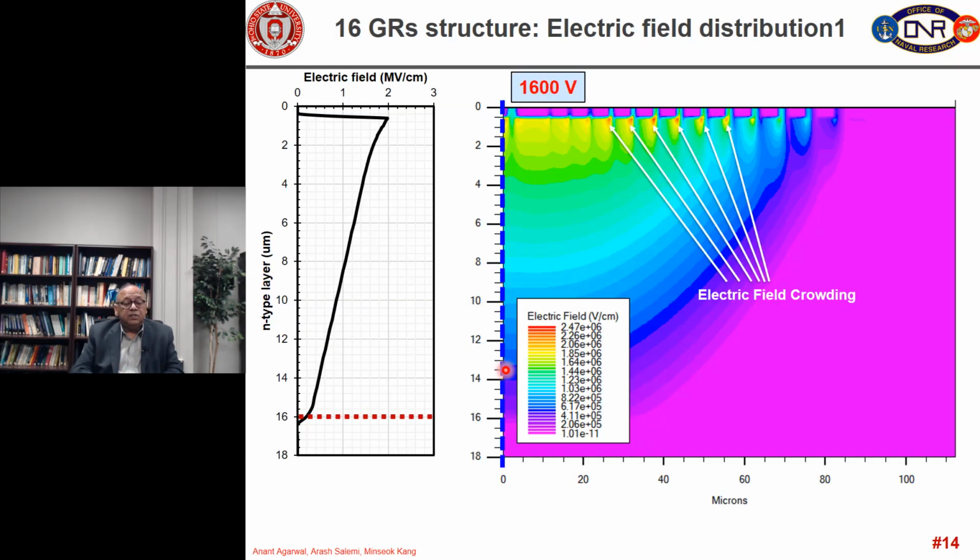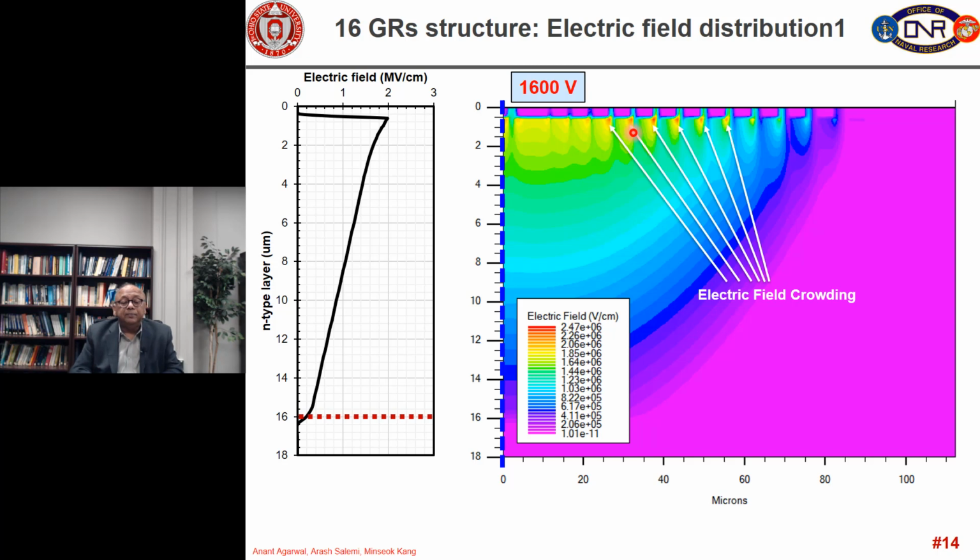And then we have a 16 guard ring structure, and 16 guard ring structure in the active region along this blue cut line. You see the same field distribution, 2 megavolt per centimeter, almost trapezoidal structure, but you can see there are some red colors appearing inside the guard ring.